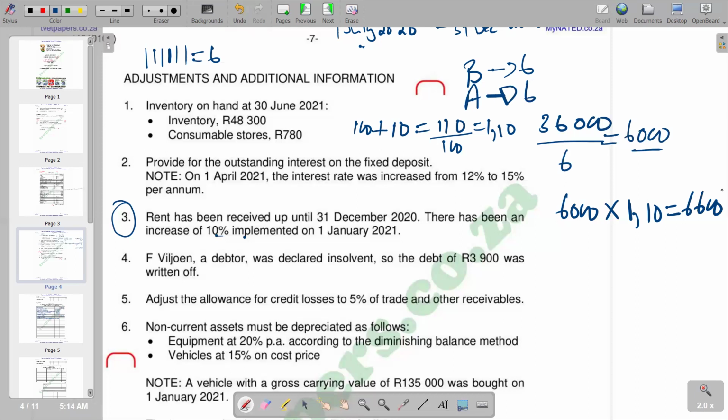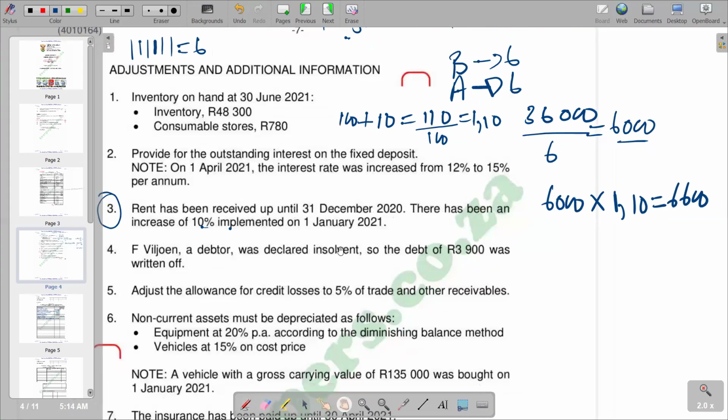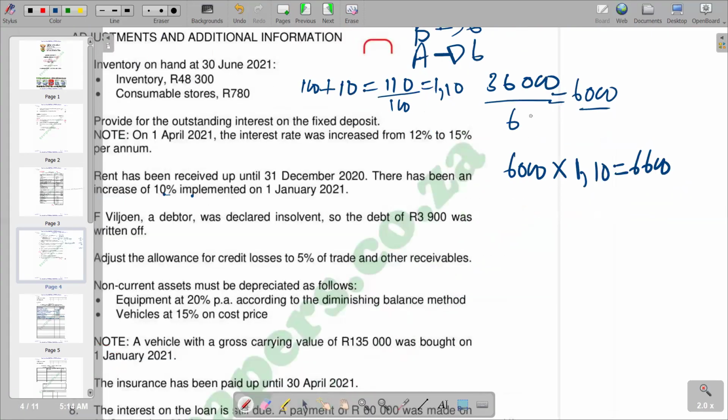So the question is saying there has been an increase. We have got 6 months again giving 6,600. So to get the total amount of rent, we are now saying the 36,000 for the first 6 months plus after the increase, it was now 6,600 per month times 6 months we have after the increase.